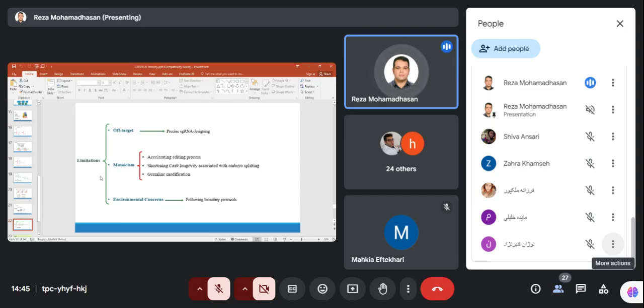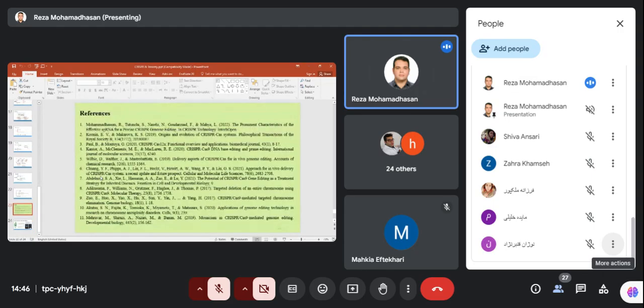But in plants, yeah, it's okay. The last one is environmental concerns. Usually when you are working with recombinant DNAs, you must follow biosafety protocols.